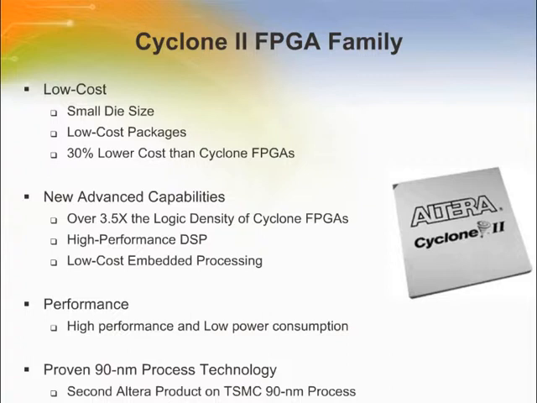Cyclone II FPGAs are manufactured on 300mm wafers using TSMC's 90nm process to ensure rapid availability and low cost. By minimizing silicon area, Cyclone II devices can support complex digital systems on a single chip at a cost that rivals that of ASICs. Altera's low-cost Cyclone II FPGAs offer high performance and low power consumption.